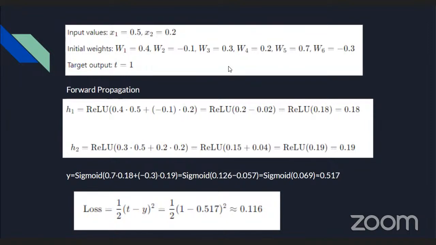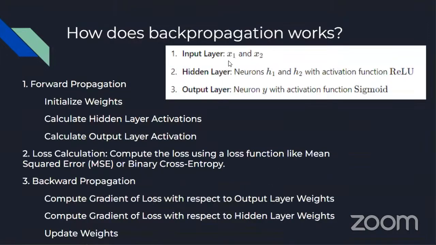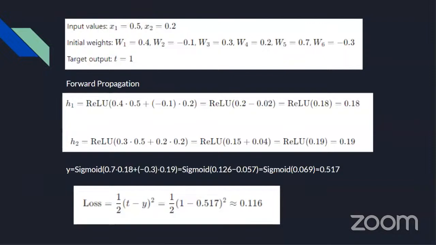In the hidden layer, how many neurons do we have? 2. And Y is the neuron for the output. W5 and W6 are the weights for the output layer. And let's suppose the target should be 1, right?